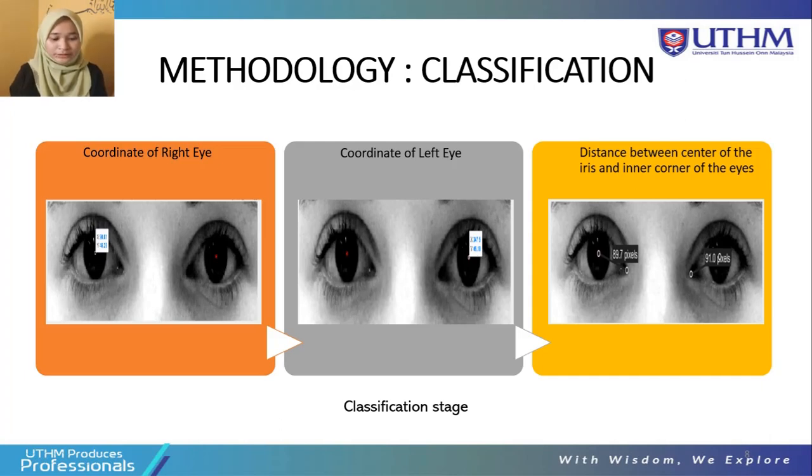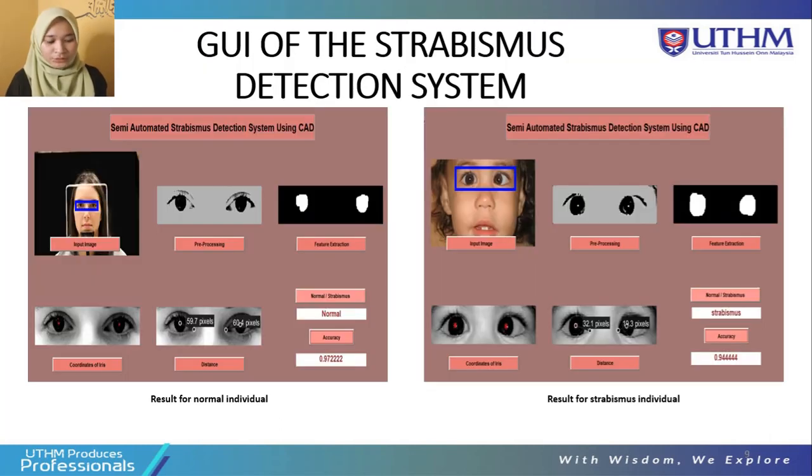For the classification, we use a CNN with the pre-trained GoogLeNet network to determine whether the individual has strabismus or not. This is the result of the GUI for the strabismus detection system for a normal individual and a strabismus individual.